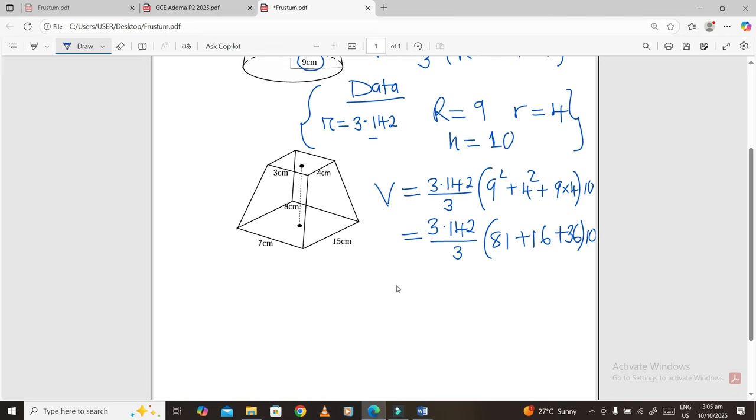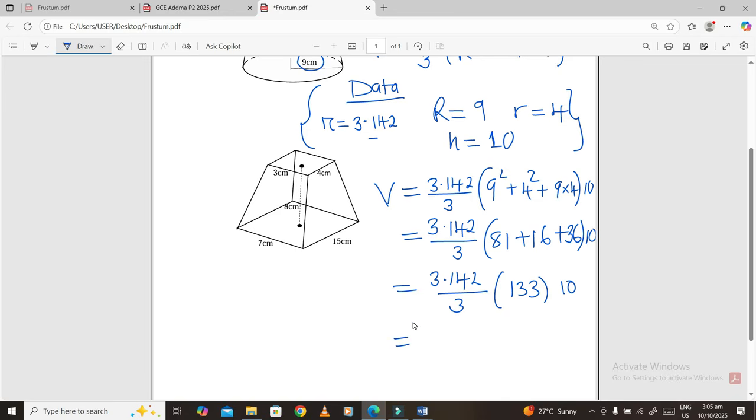From here, we work out what is inside the brackets. 81 plus 16 plus 36 gives us 133. So we're going to say 3.142 over 3, open bracket, 133 times 10.